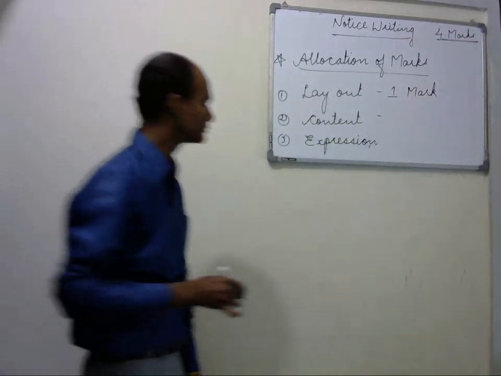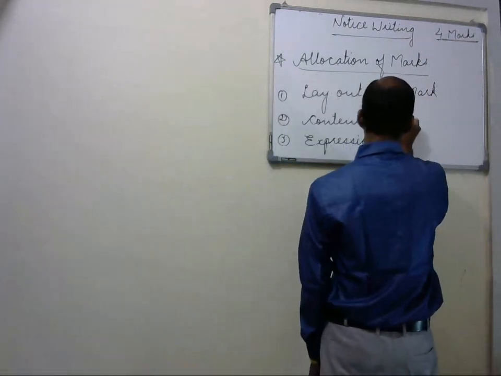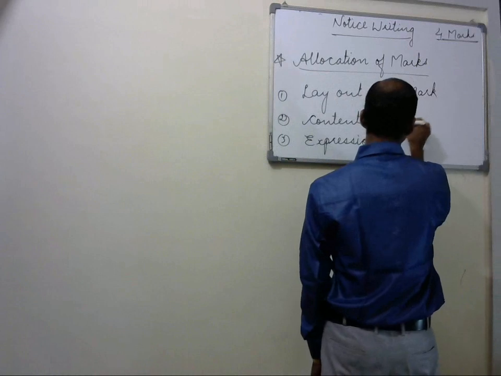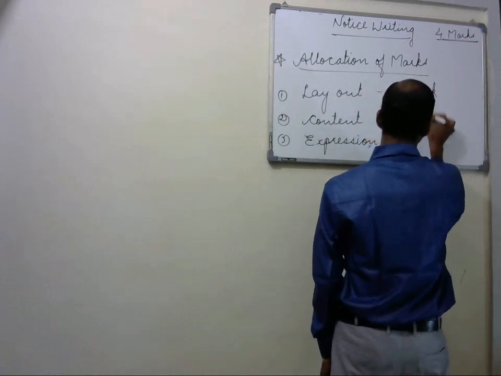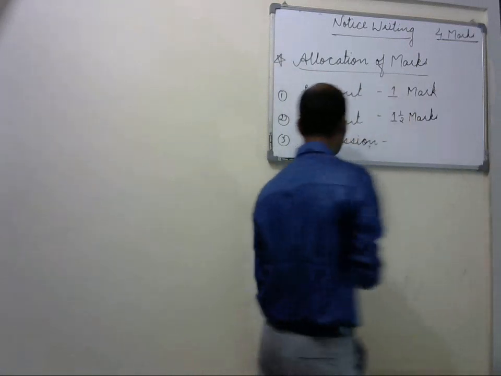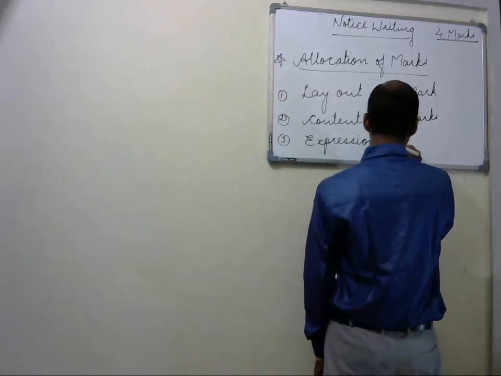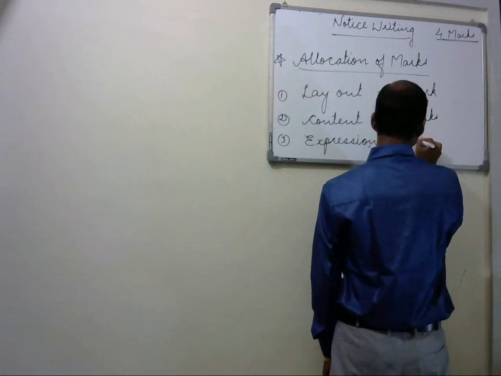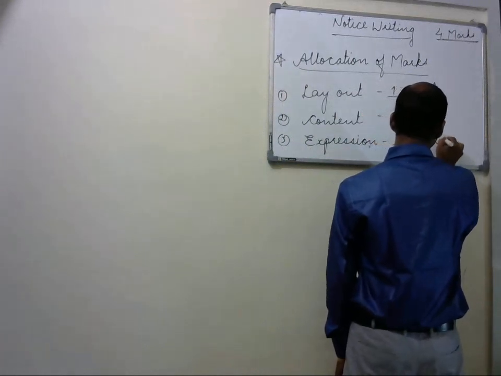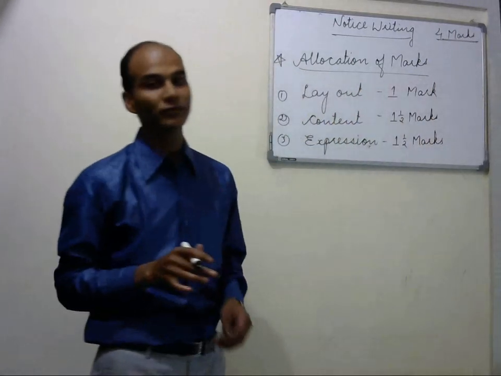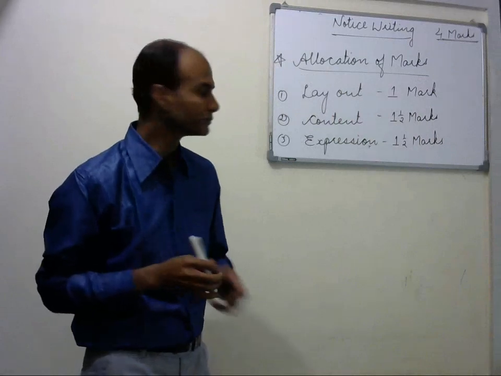For content, you get 1.5 marks, and for expression, you get 1.5 marks. So in this way, the total 4 marks are divided.